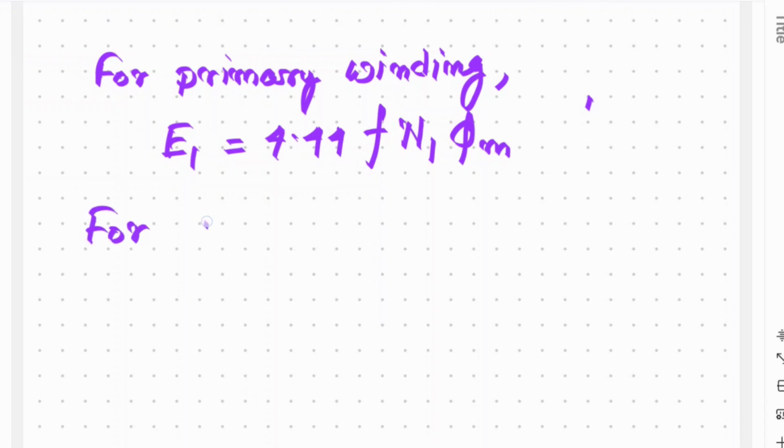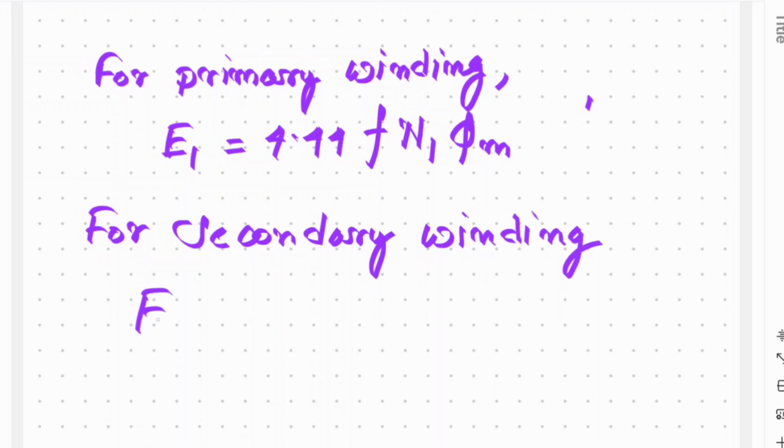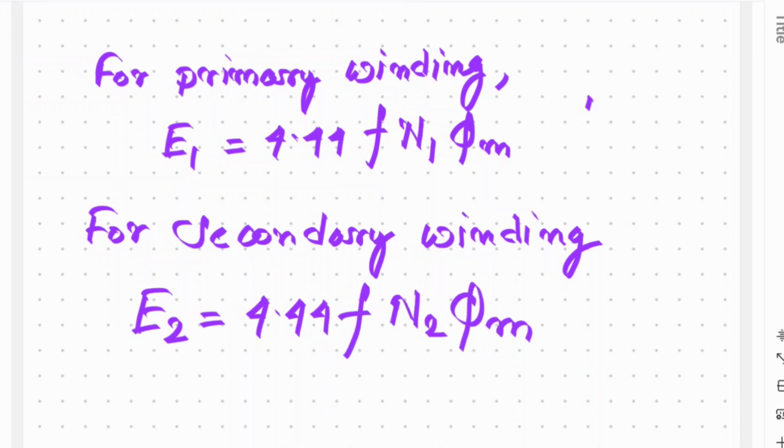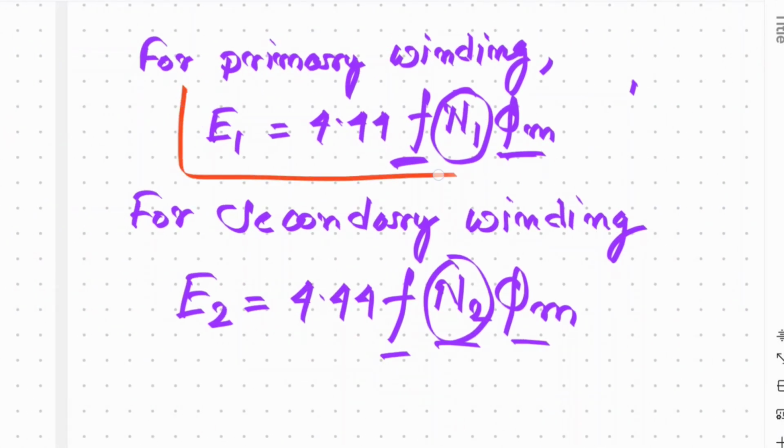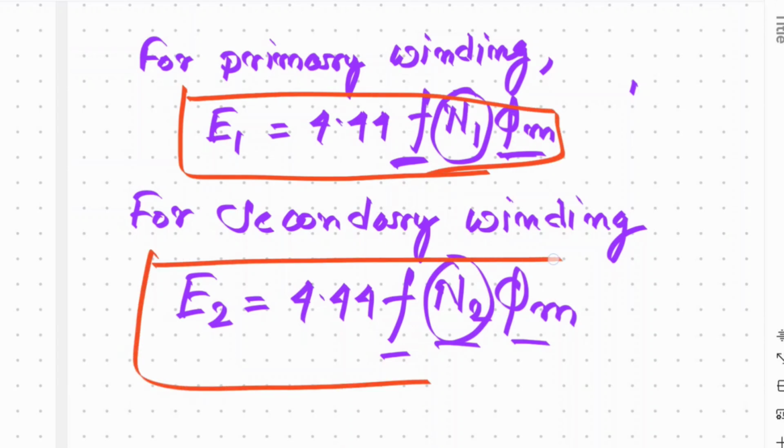For the secondary winding, E2 is equal to 4.44 f N2 phi m. As the frequency of the primary and secondary is the same, and the same flux is linking the primary and secondary, only the number of turns will be different. In the primary it will be N1 and for the secondary it will be N2. So this is the general transformer equation, and this is the transformer equation for the primary, and this is the transformer equation for the secondary.